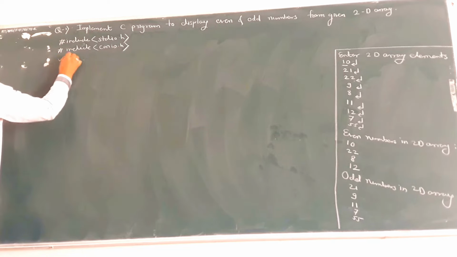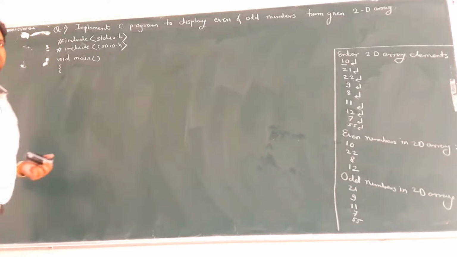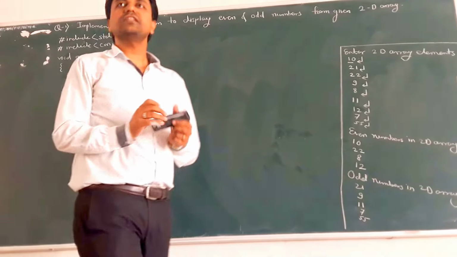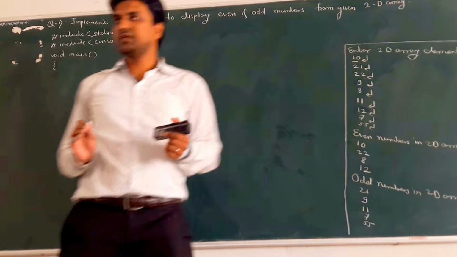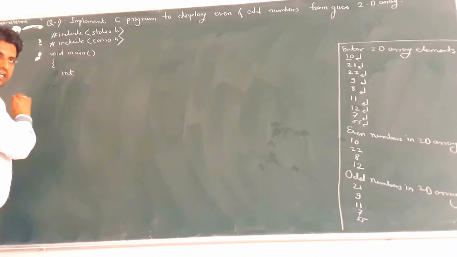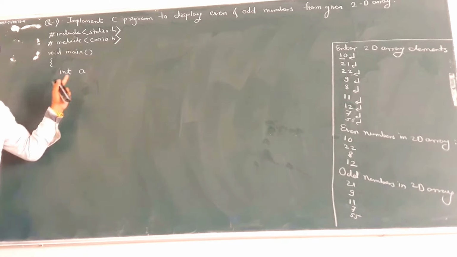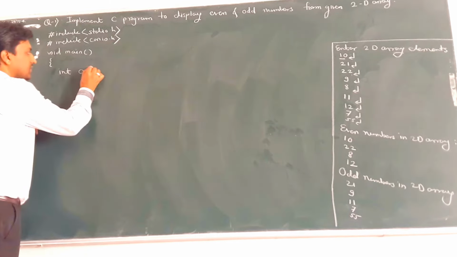After that, write the main function, void main. Next, first declare the two-dimensional array. The array is of integer type, so the data type is int. Then the name of the array; suppose the name of the array is small a.